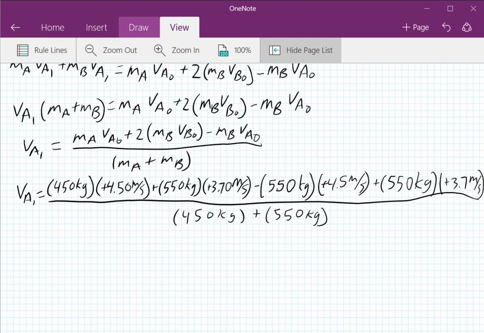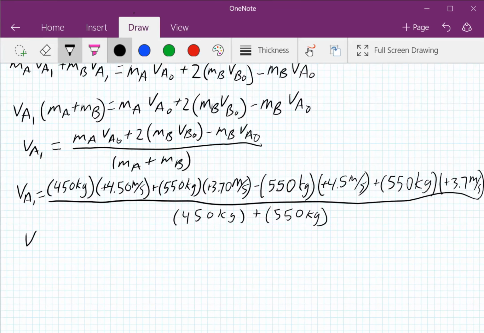Okay, so that gives you a value of a positive 3.62 meters per second.